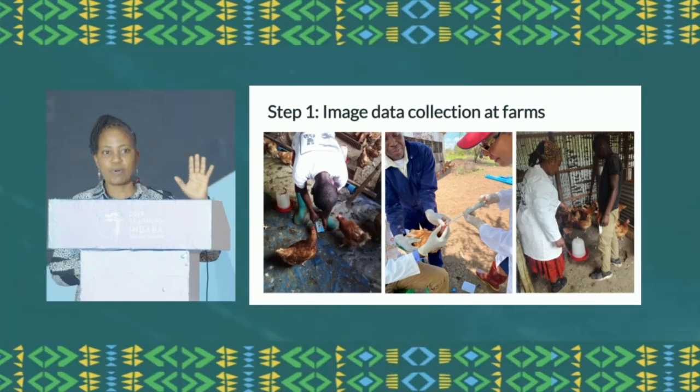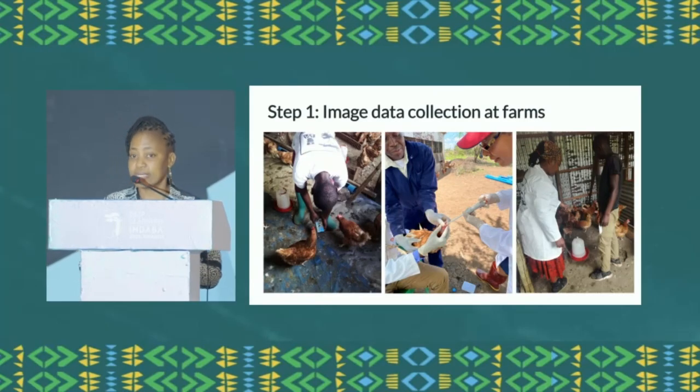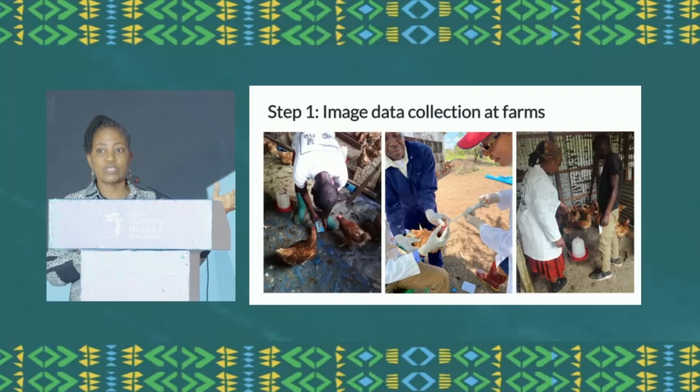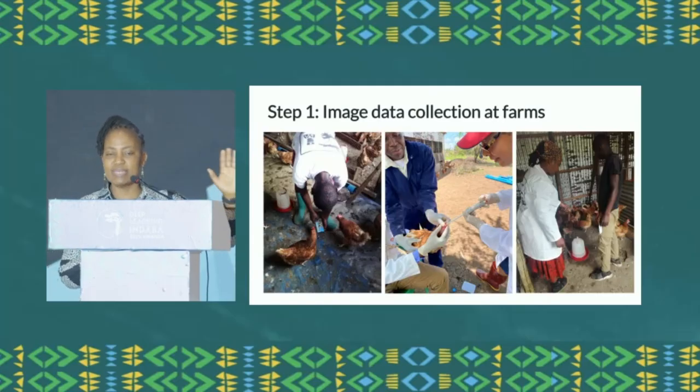So the first step, building the data set, is a labor-intensive task, which really involves physically going to the farms to collect these images. Just to share with you the experience that we went through when building this data set, we applied for the ethical clearance, but it was only released after 6 months.